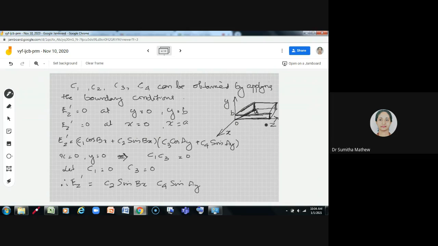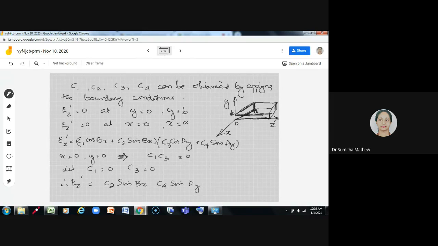So this is how the rectangular waveguide looks like. See the figure. How can we obtain the solutions? By applying the boundary conditions. We know the boundaries exist at x equal to 0, x equal to a, y equal to 0, and y equal to b. These are the top and bottom, front and back walls, the metal sheets or the pipe boundaries.